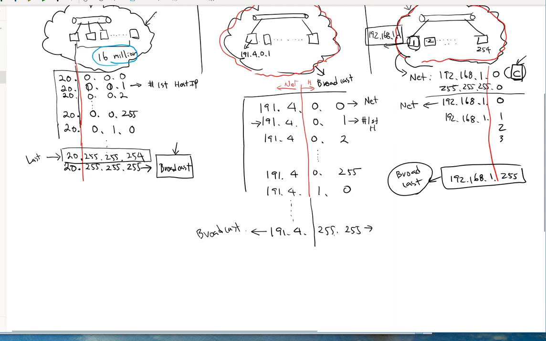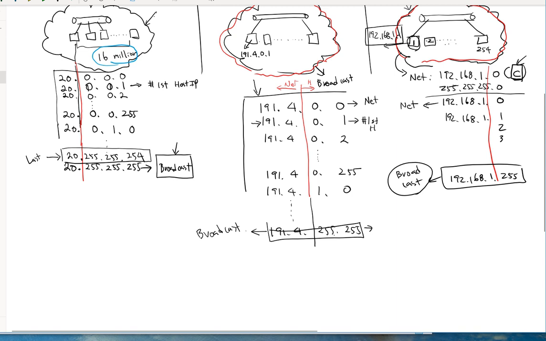It's 254. And let's take a look at the class B. So we know that this is the broadcast address. So when I ask you to find the last usable, your first step is to find the broadcast address and then minus 1.